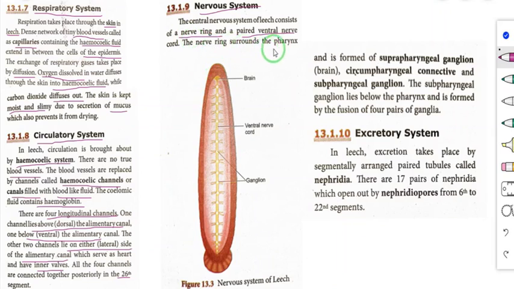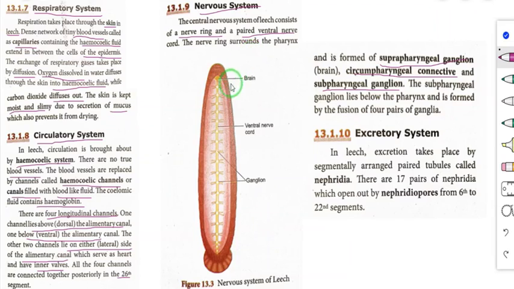The nerve ring surrounds the pharynx and is formed of pharyngeal ganglion. The pharynx is located in the first 5 segments. So the nerve ring is located in the first 5 segments.